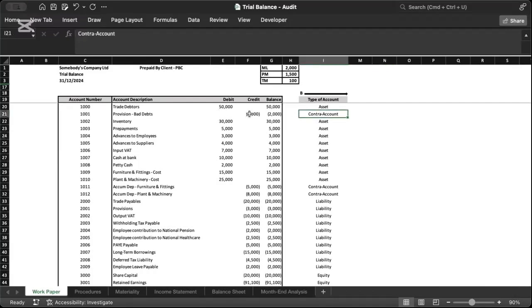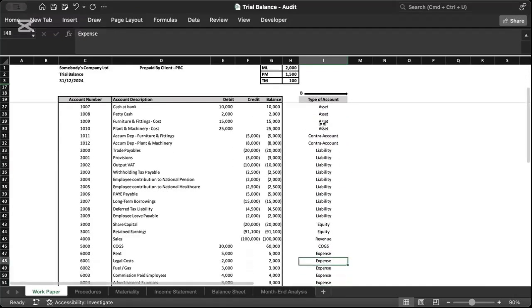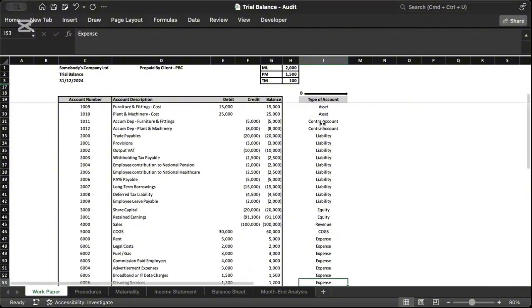So you can see here that the trade debtors, an asset, debit, the contra account, credit. Same with the accumulated depreciation here as well. Okay. So I've just identified the contra accounts and I checked that they are in line with what they're supposed to be. And I've also identified the assets, liabilities, equity, revenue, COGS, and expenses.